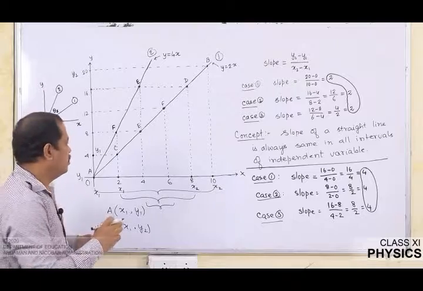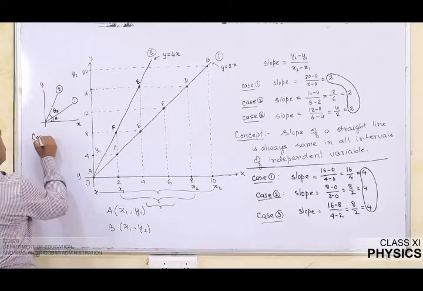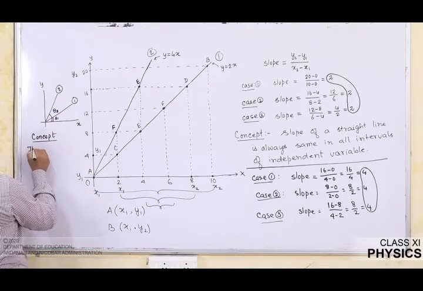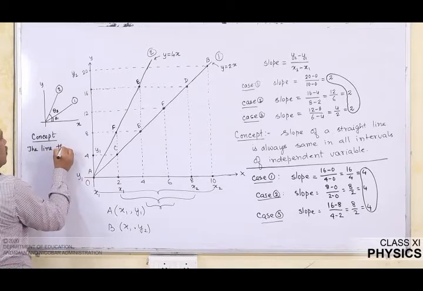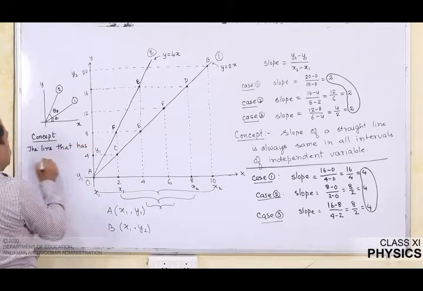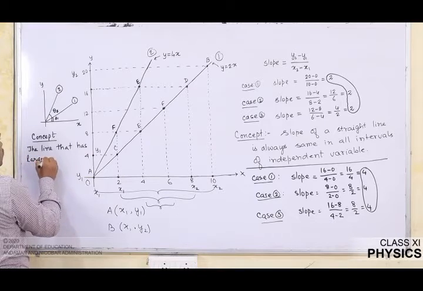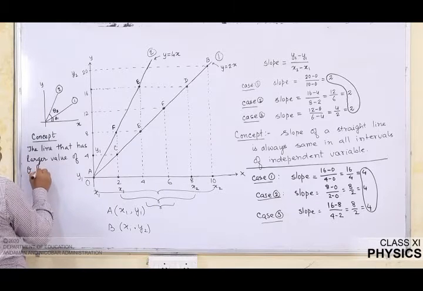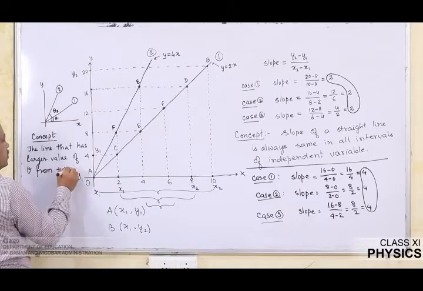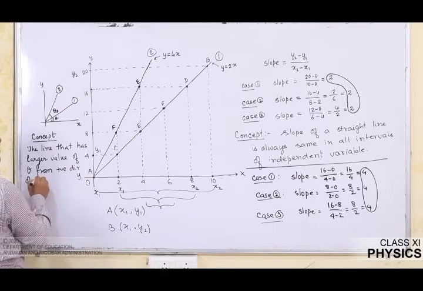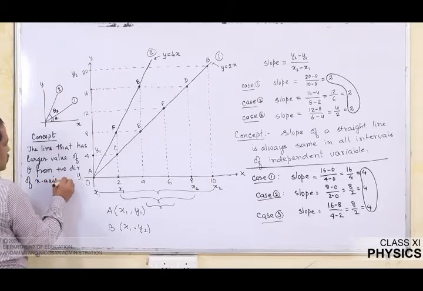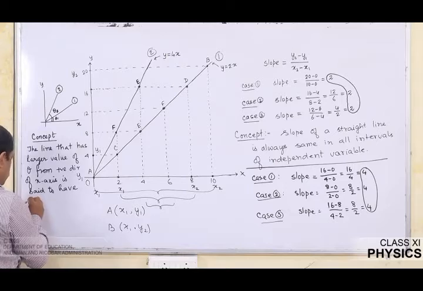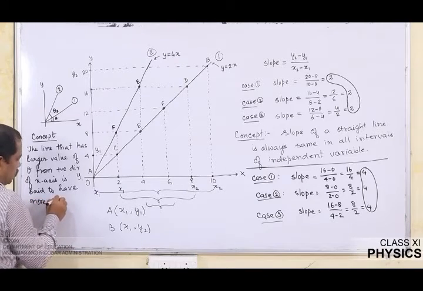Be mindful once again, the concept says the line that has the larger value of theta from the positive direction of the x axis is said to have more slope.